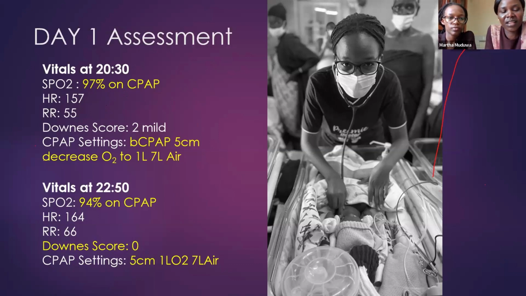Our respiratory rate was fine, and our Downes score had decreased to 2. That means that the respiratory distress was mild at this point. And then our CPAP settings, here now we had to decrease the oxygen, and then we increase the air that we are giving, because our machines run at 8 liters.